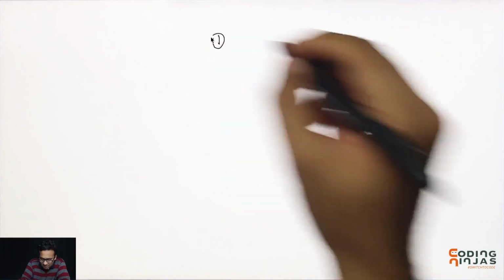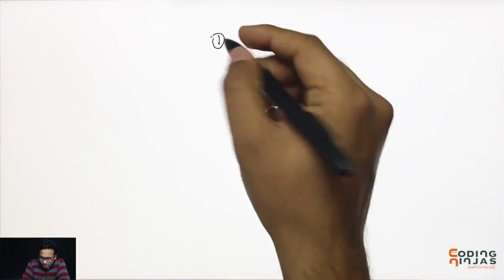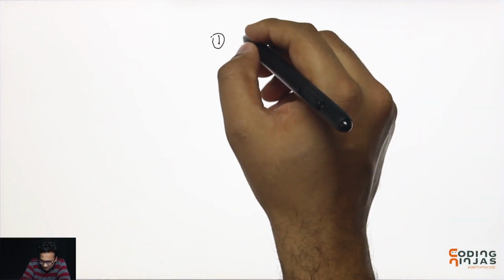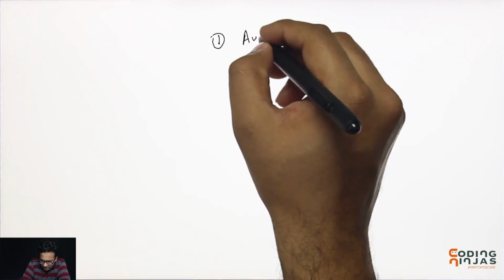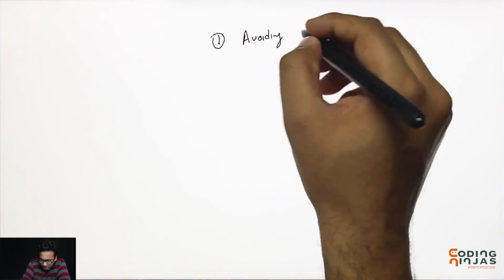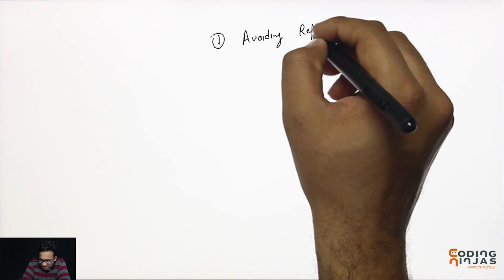Great. So what are the benefits of functions? I just want to concentrate for a very short amount of time on what exactly we are gaining out of creating these functions. I think one biggest benefit of creating functions is we are avoiding repetitions.